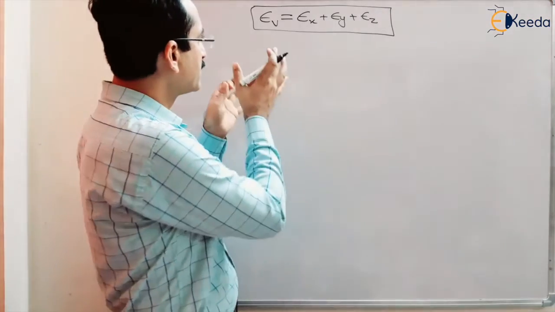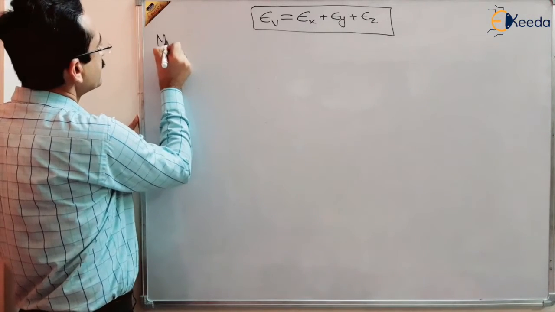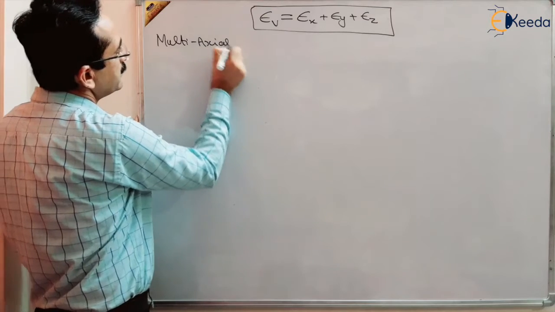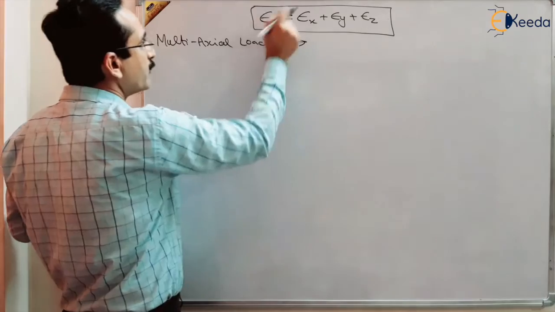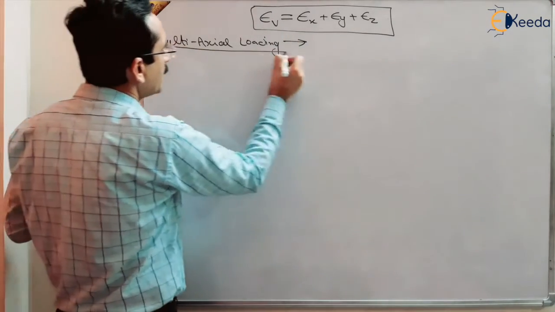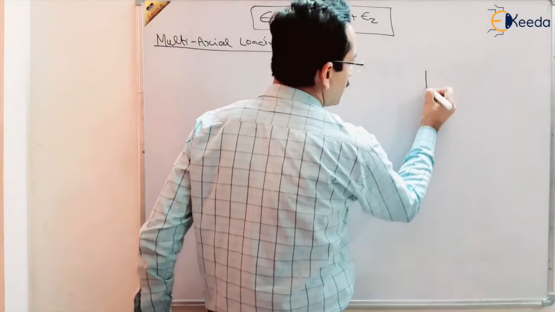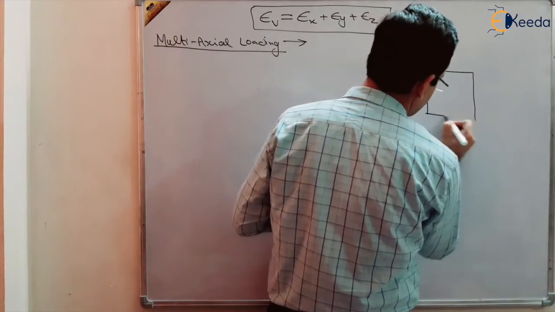So this is our today's topic, multi-axial loading, and due to that we want to find out the volumetric strain. So as in this case we have made a cuboid, like this is a cuboid.